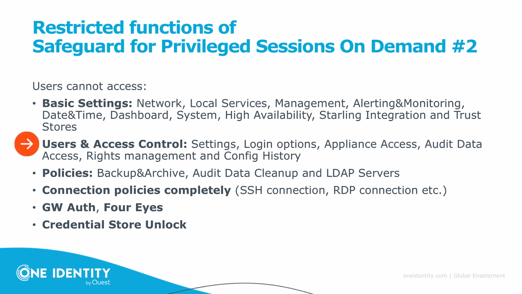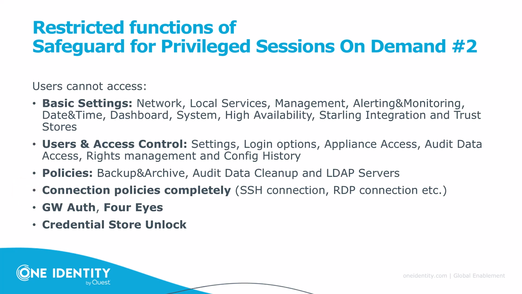User access: user menu management is not available on the SPS interface because it's done via the Starling interface. Policies, backup: as I mentioned before, it is maintained by One Identity, so you don't need to bother about it. Audit data cleanup is also maintained by us, or by LDAP servers. The whole connection policy menu is missing because we configure it via the SPP side, so there's no need to touch this menu point.